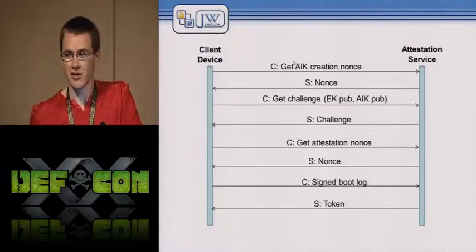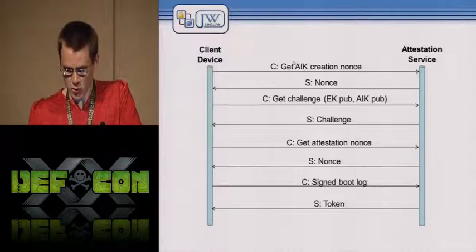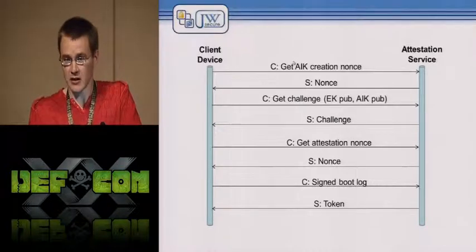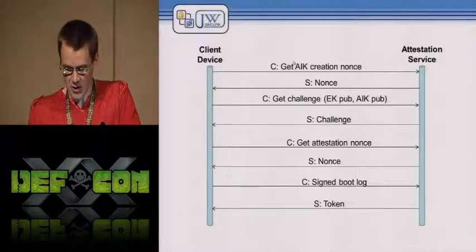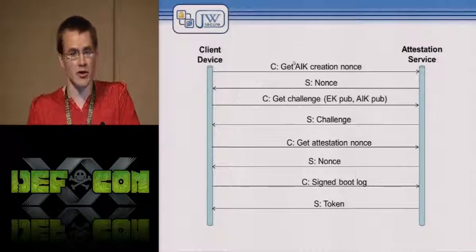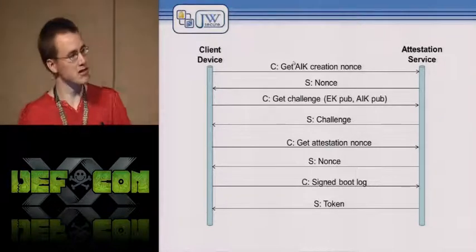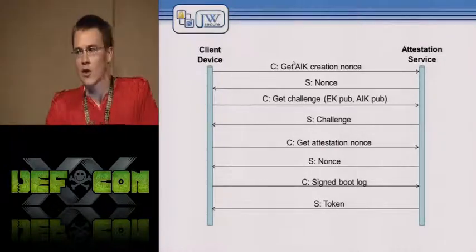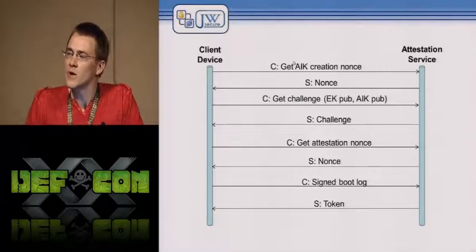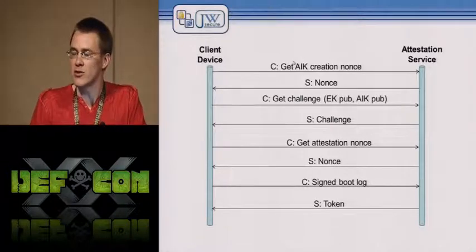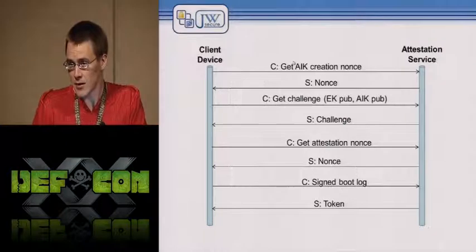Next, the client requests an encrypted challenge. This request includes some binding information from the TPM regarding the new AIK. What the client receives from the server is an AIK certificate, an AIK certificate with an encrypted signature. So again, this is some of the crypto voodoo where the endorsement key can only be used for decrypting another key.